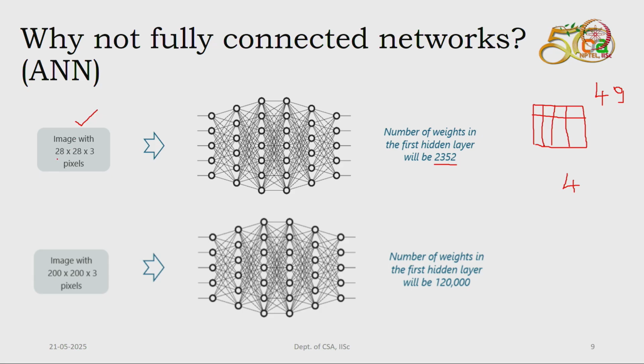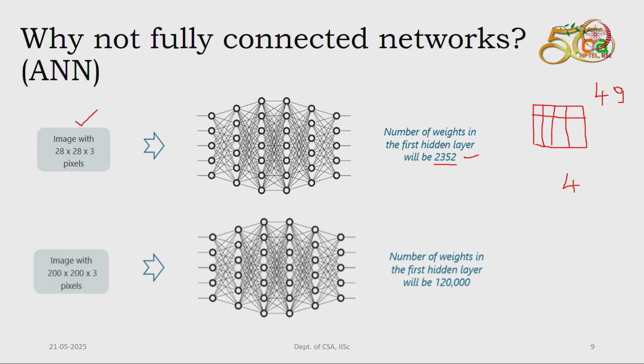What will be the size of an image? If you consider the lowest resolution image, which is 28, and if you are considering a colored image, then the number of neurons that we need to pass, the input dimension, will be 2352.